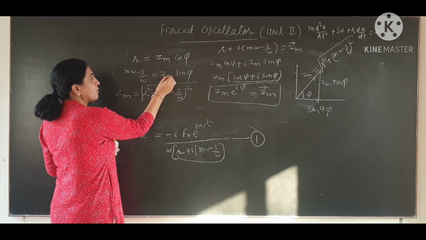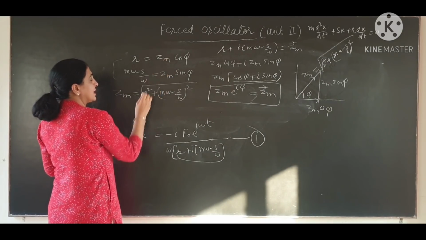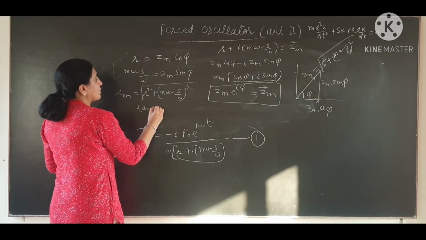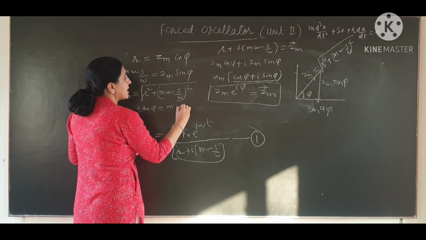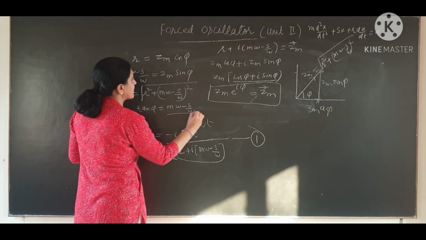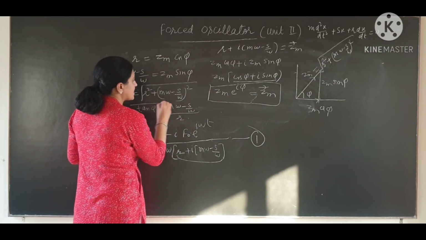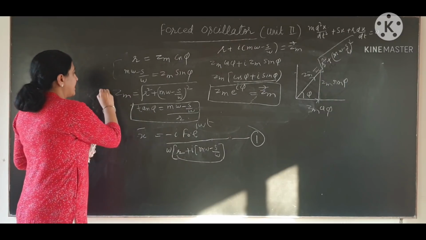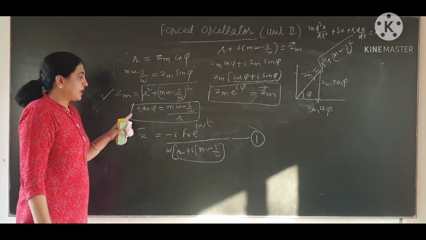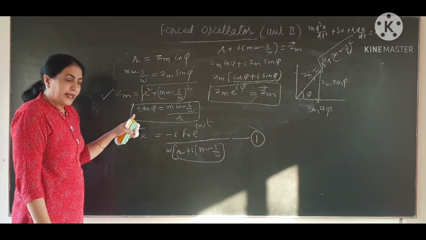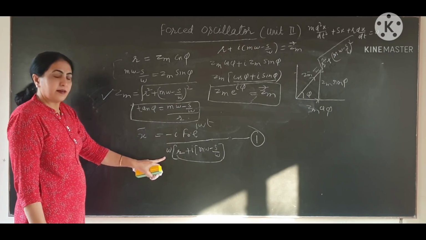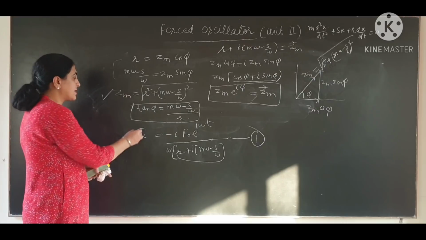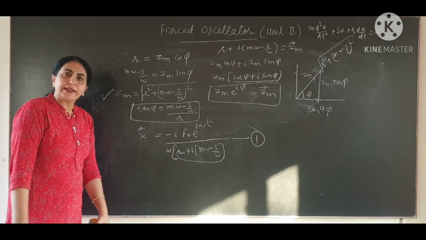When you divide this equation by this, Zm cancels, so tan phi is equal to m omega minus s over omega divided by r. This is also important and used in the next articles. This is tan phi. So this is the magnitude of Zm, this is the angle phi, and this is our x. This is also complex. You can write here x. Clear?